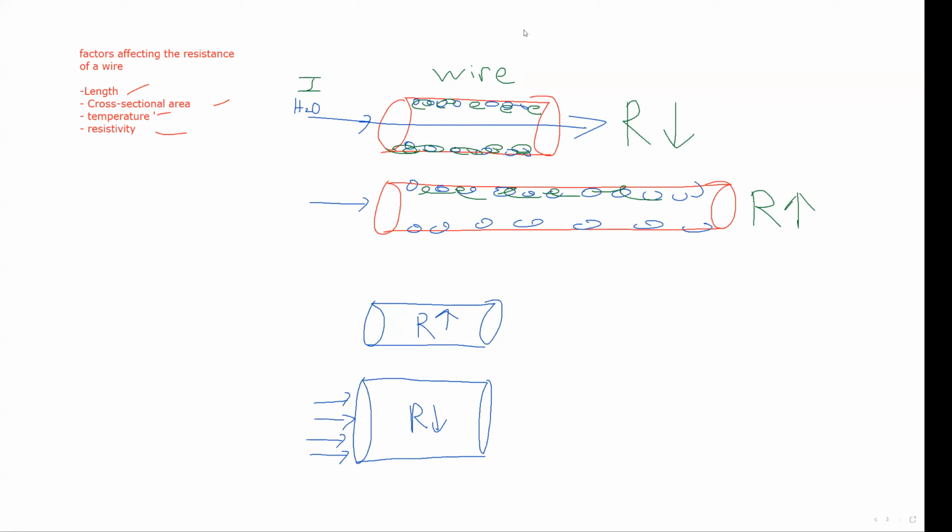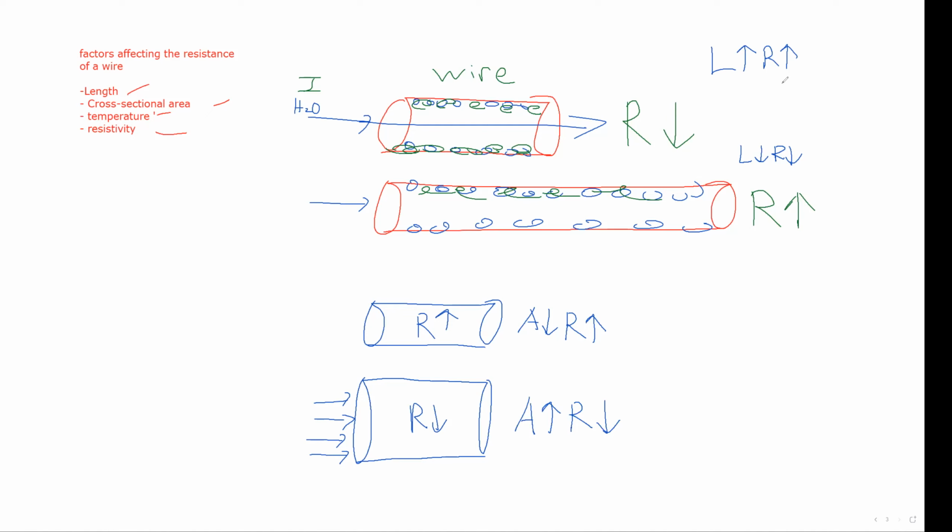So from here, I can make a relationship between them already, right? I know for a fact that the length is directly proportional to the resistance. Low length, then low resistance, right? But cross-sectional area is inverse. If I have a small area, my resistance is higher. They're inversely proportional. If I have a high area, my resistance will be lower.